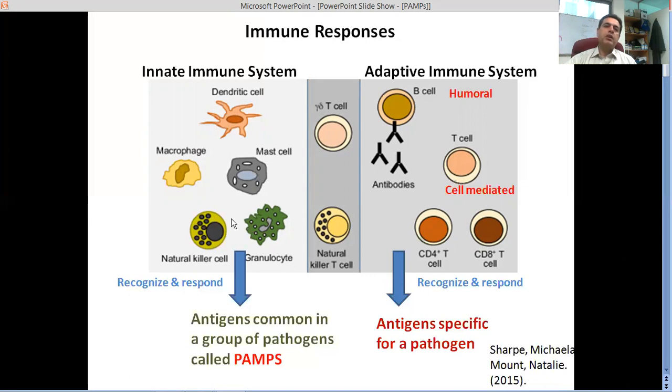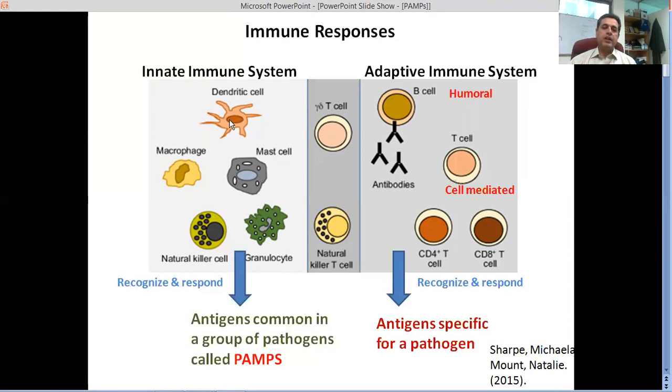And we also know about other attributes of the innate immune system, that it's not very specific, because if you are just responding to common antigens on the surfaces of groups of bacteria, viruses, or parasites, then the responses generated would not be specific against a particular pathogen that has entered your body.